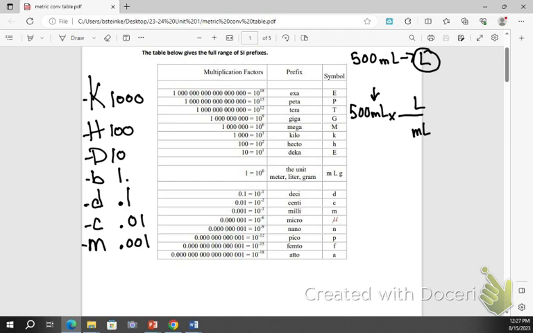So now we need to know what numbers are getting put next to these units, right? So where are we starting? Are we starting at liters or are we starting at milliliters? What's my given? So if I say we're going to start here at milli, right? Milli is just a prefix. I could have milligrams. I could have milliliters. Anything.